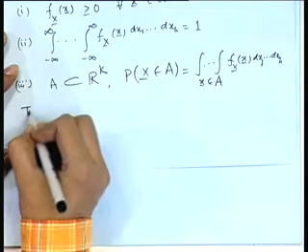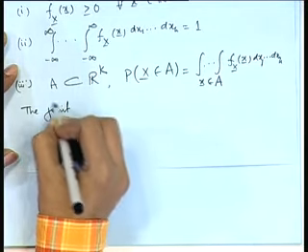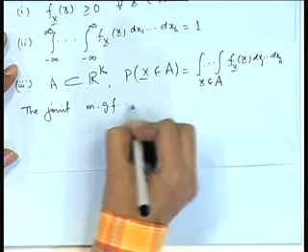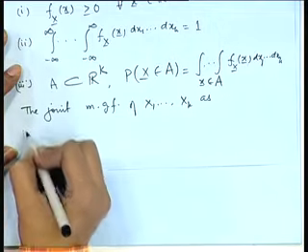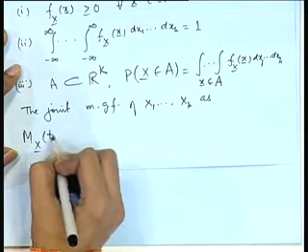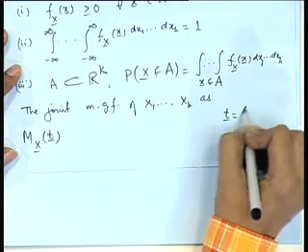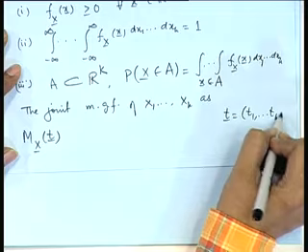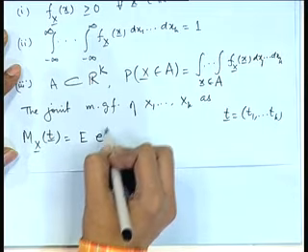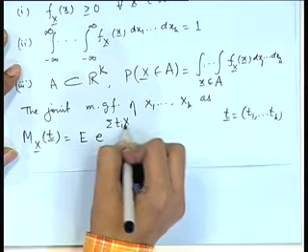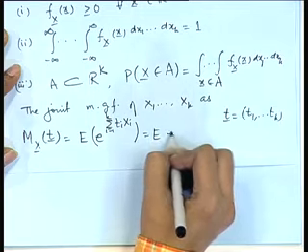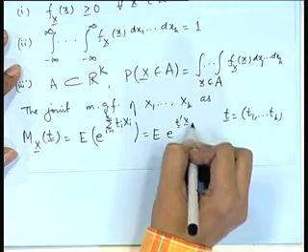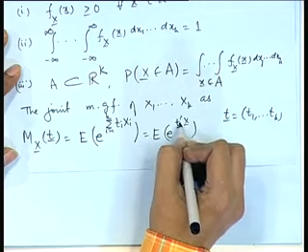We can define the joint moment generating function of x1, x2, ..., xk as M_X(t), where t is the point (t1, t2, ..., tk), as the expectation of e to the power sigma ti xi, i equal to 1 to k. That is, the expectation of e to the power t prime x, where t prime denotes the transpose of the vector t.